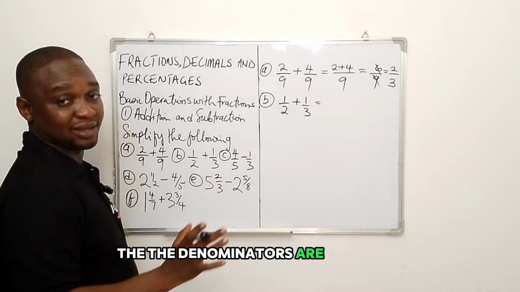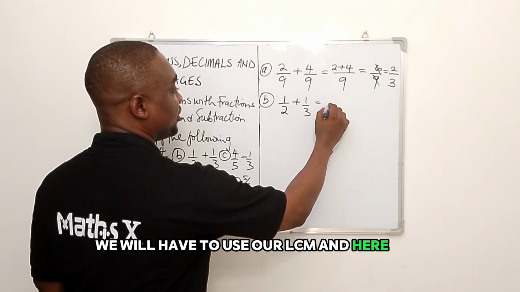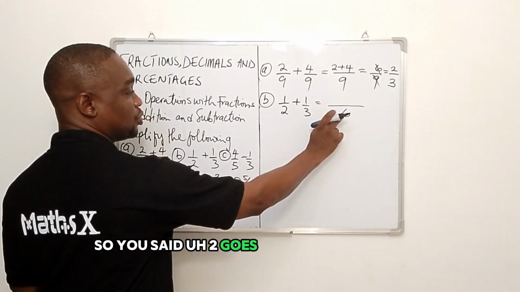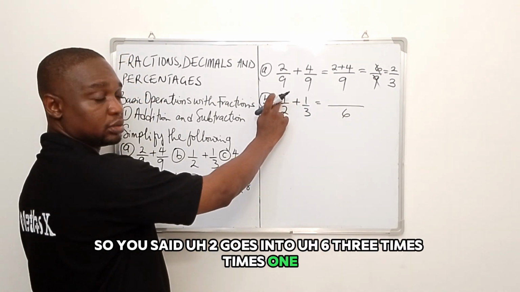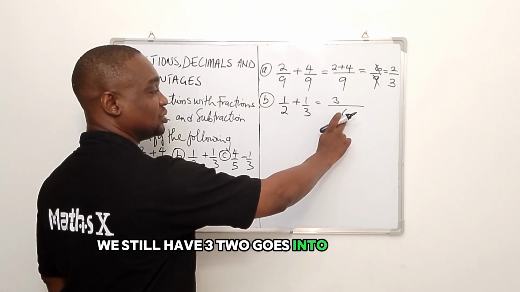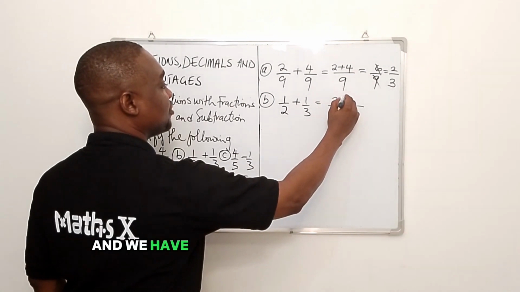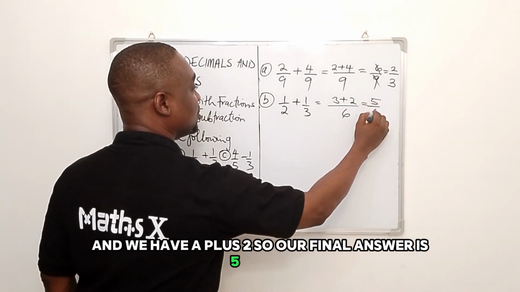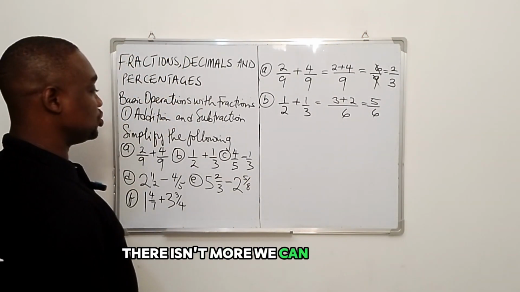The denominators are different. We will have to use our LCM, and here our LCM is 6. So you will say 2 goes into 6 times 1. We still have 3. 2 goes into 6 times 1, and we have a plus 2. So our final answer is 5 over 6. This is reduced to lowest term. There isn't more we can do on that.